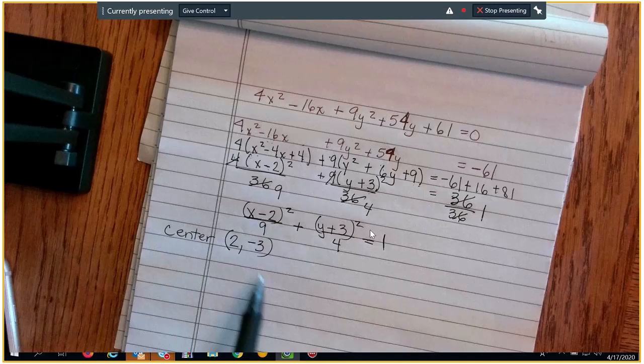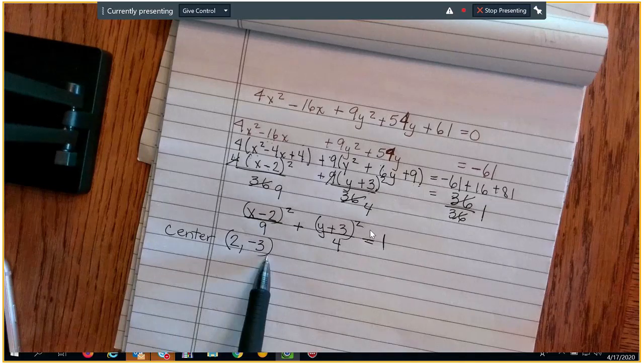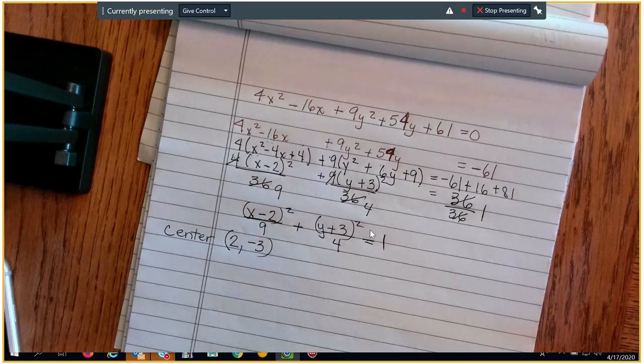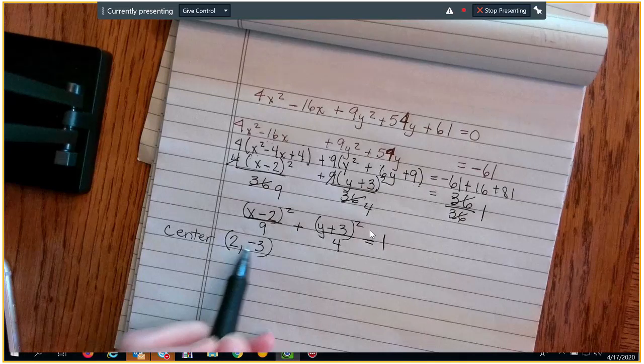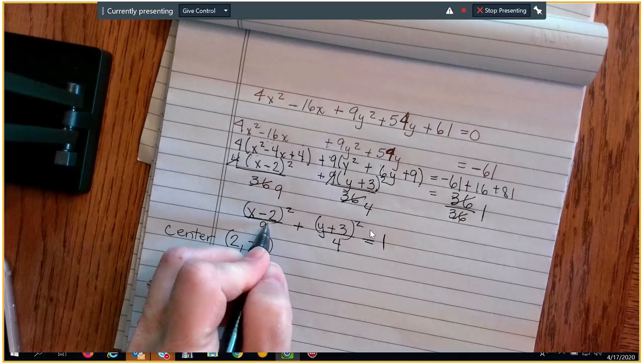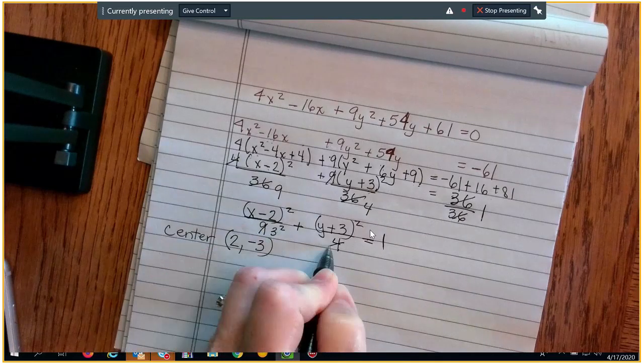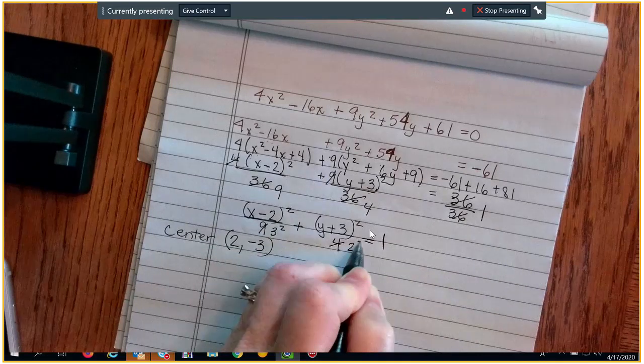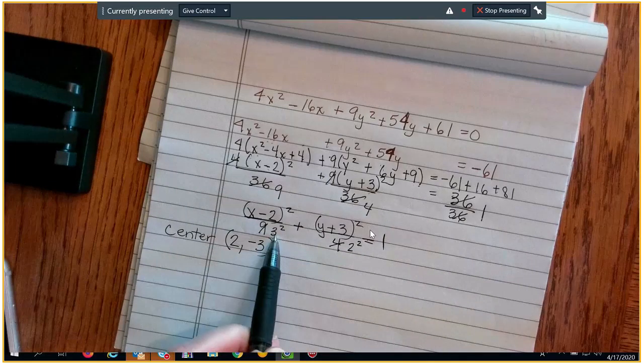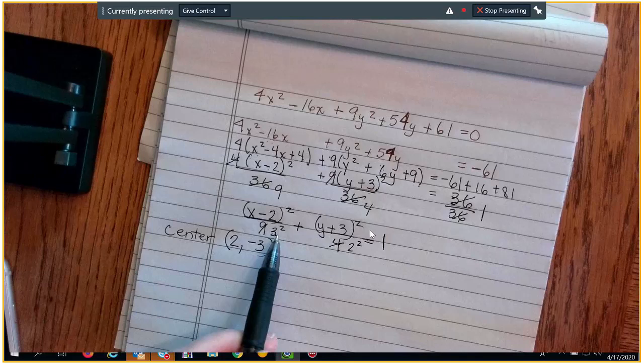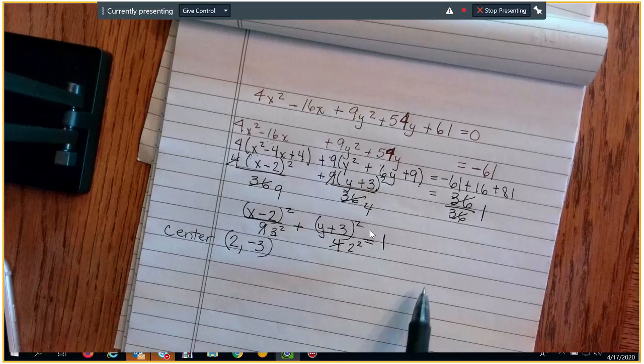And if we look at this, I'm just going to mark this out and call this 3 squared and call this 2 squared. So the 3 is larger. So this is actually going to be on the horizontal.